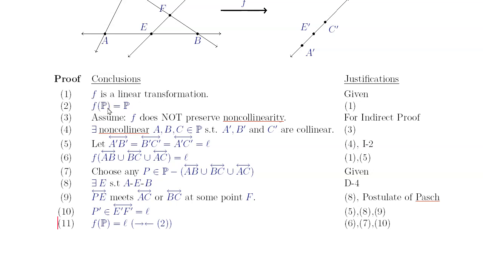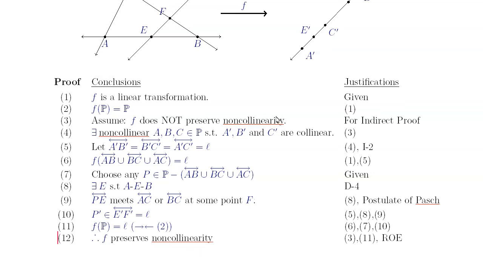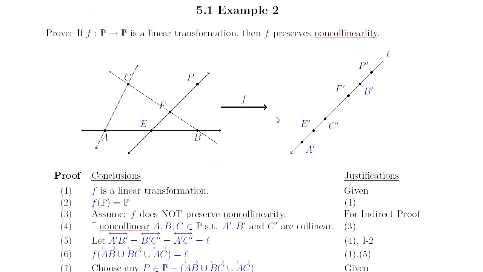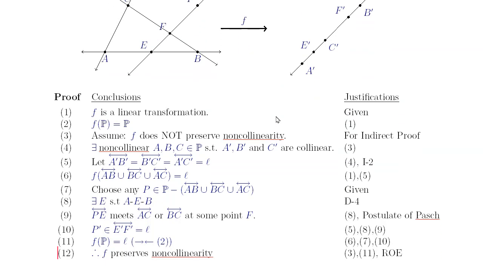So f of plane P has to be the entire plane, but instead we just got a single line. So that's a contradiction. Therefore, we know that f preserves non-collinearity. All right, that's it. I hope that this was clear.